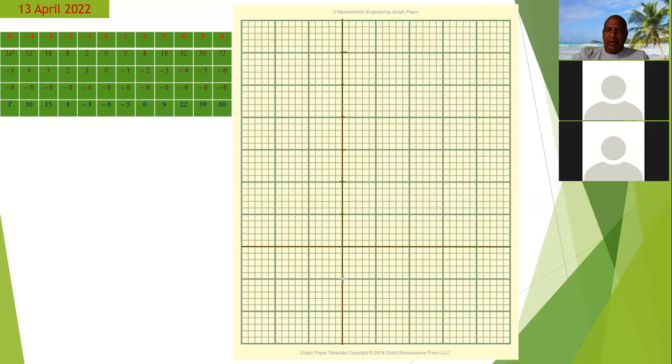And then we're going down -10, and then -20. All right, so we can label our y-axis.